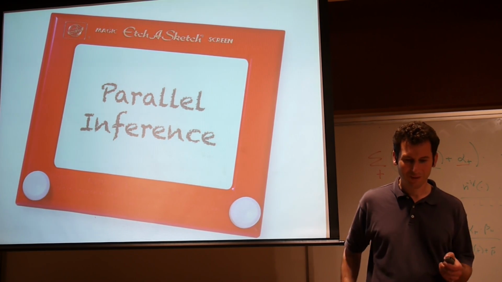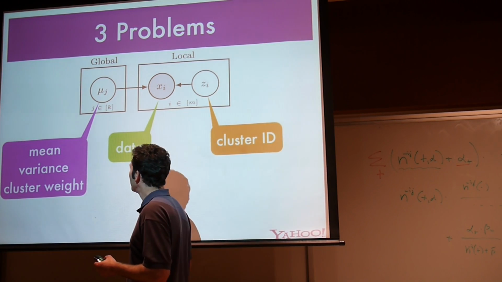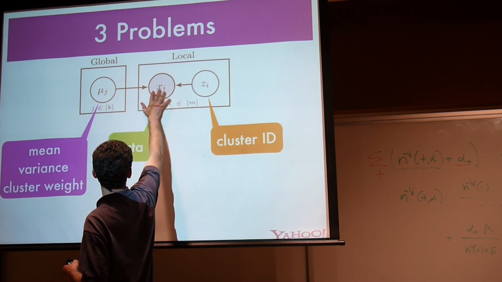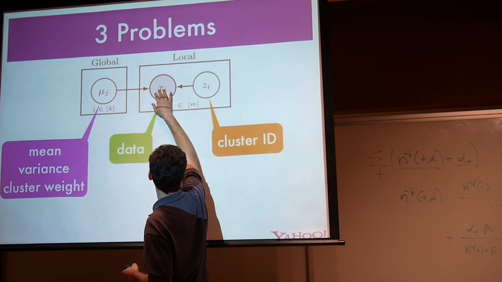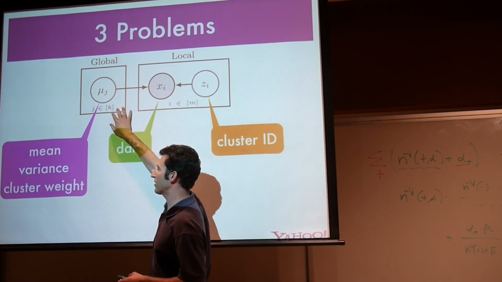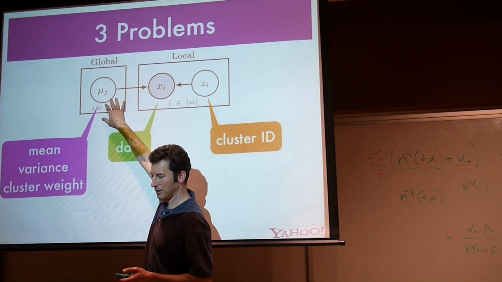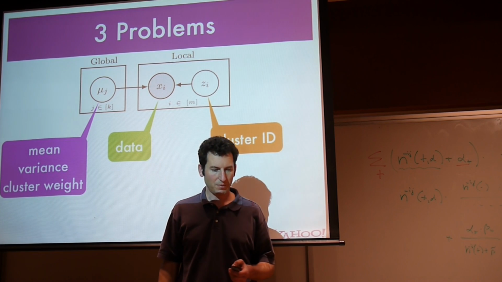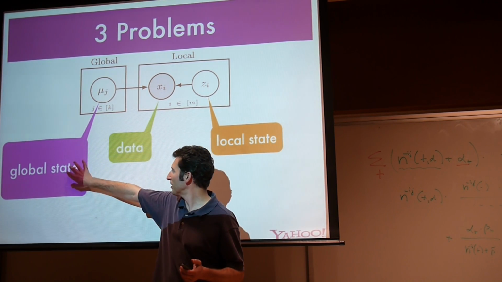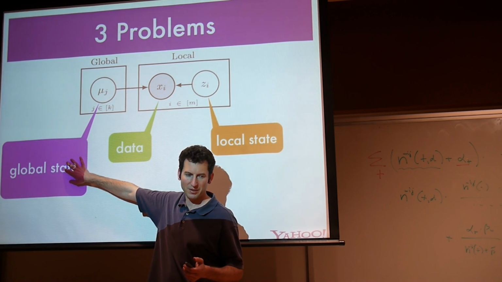So, fine. Here's what we have. This is basically clustering, right? So our data, cluster ID, it's like mean and variance, and then probabilities of those clusters. And what we effectively have is some global state, and every machine needs to know about that.